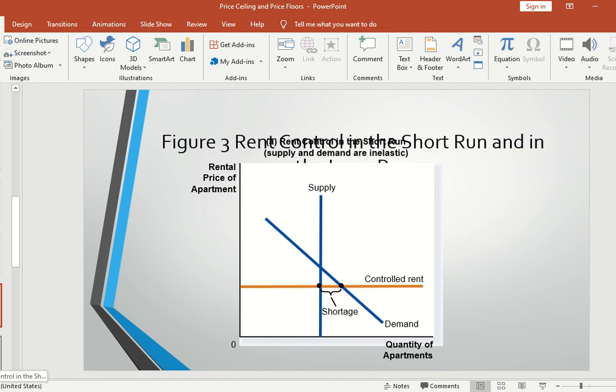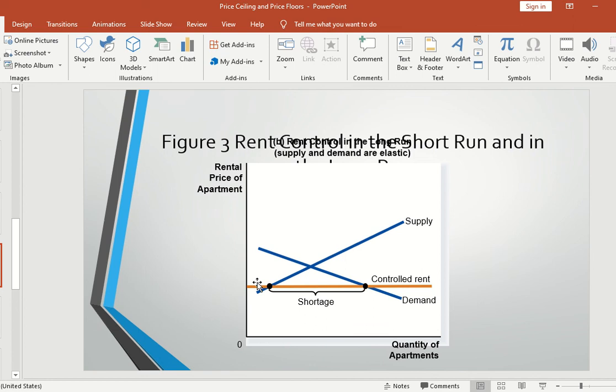But in the long run, we are likely to observe the situation worsen. You can see that the supply curve is no longer perfectly inelastic. In the long run, when landlords have time to adjust, the supply curve becomes more elastic, and as a result, we are likely to observe a larger shortage of apartments.